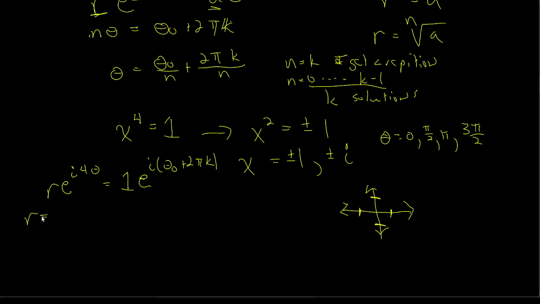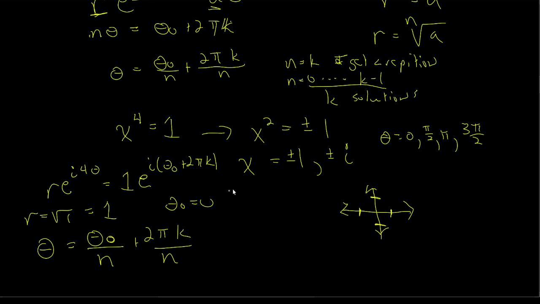So r is the square root of 1, or 1. And then theta is equal to theta naught over n plus 2 pi k over n. Well, 1 has a theta naught of 0 because it's here.